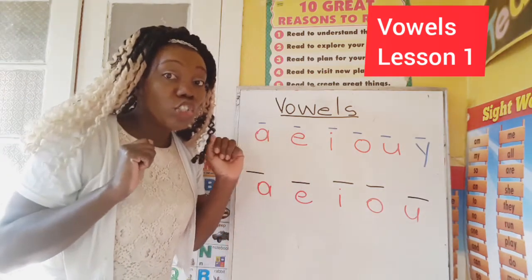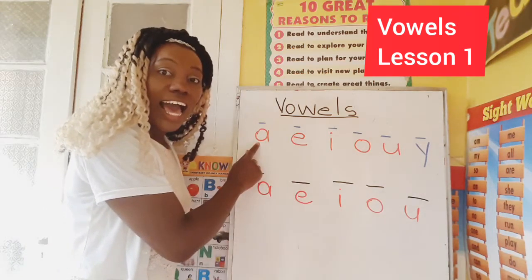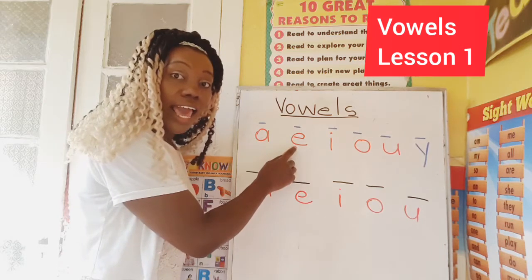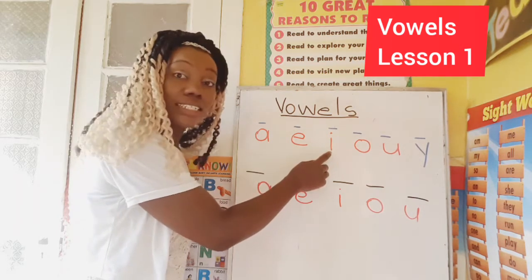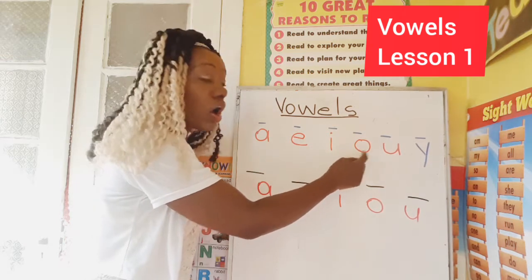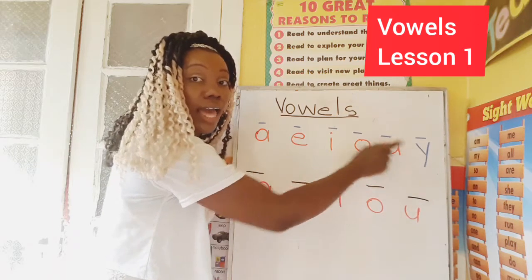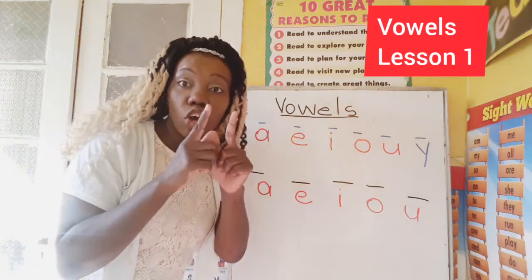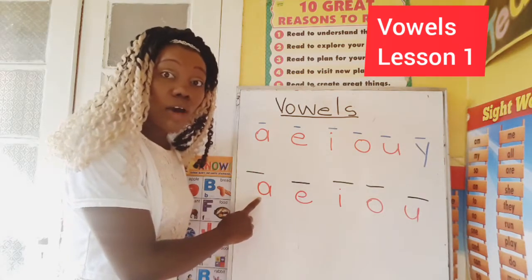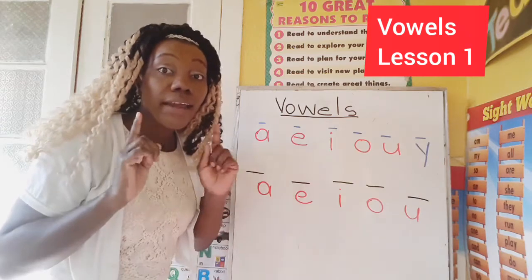Now let's make the short sound. The A says a, the short sound. E, the short sound, and this is I, O, U, and those are the short sounds. And now let's make the long sound. And when we make the long sound, we call their name.